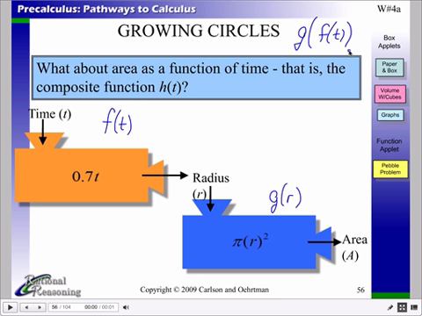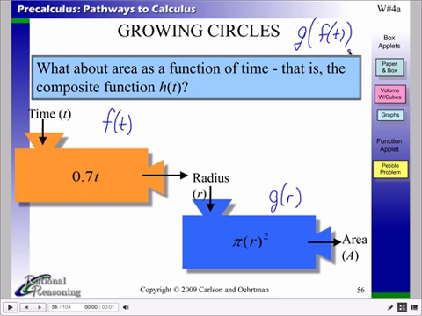Okay, so really everything we've talked about with composition so far has talked about it as a two-step process. You do the first process, take the output, start the next process. But it would be a lot more efficient if we had what? Could we build one function that did it all, right?